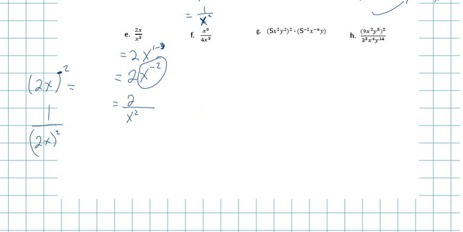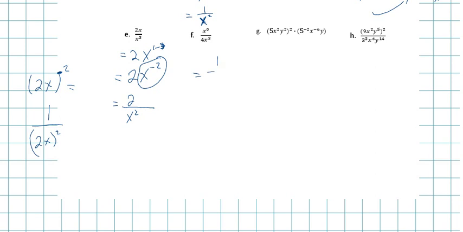The answer is 4. What's the numerator? What's x to the power of 0? So I have 1 on the top over 4x cubed, right?